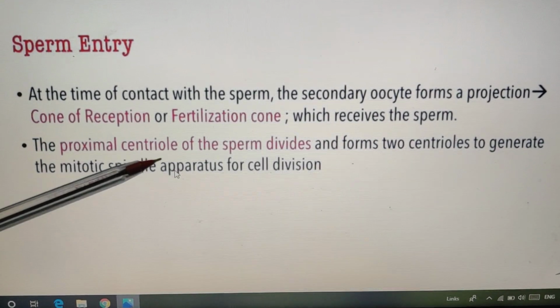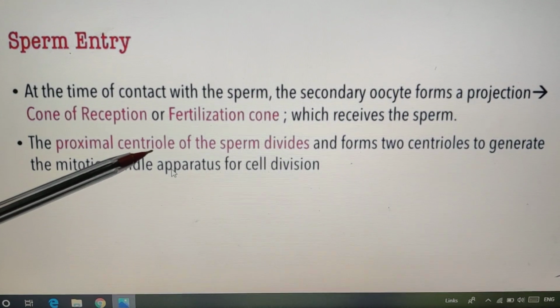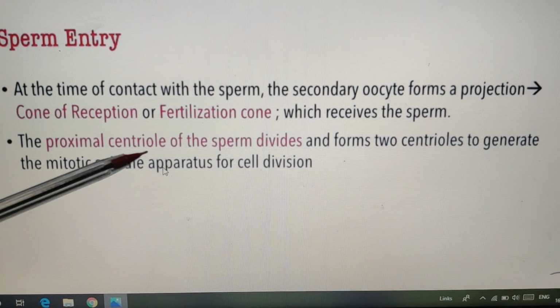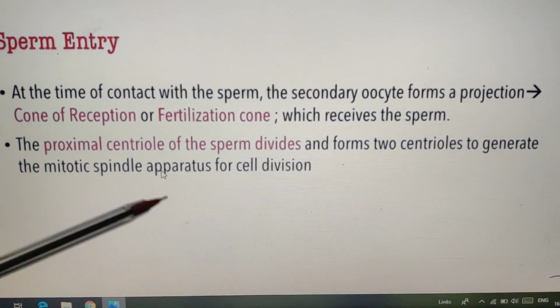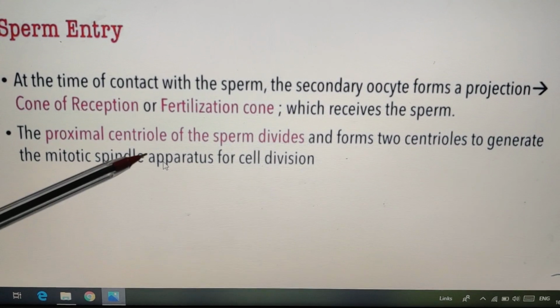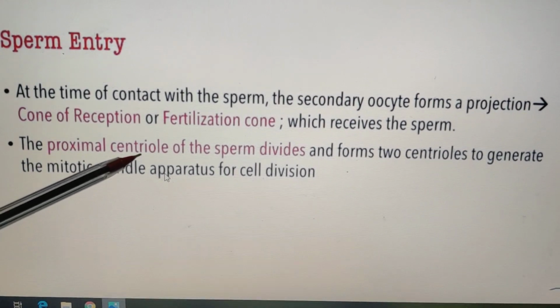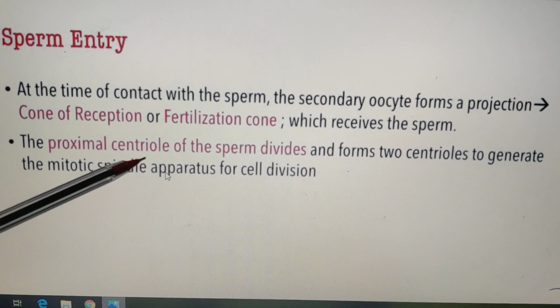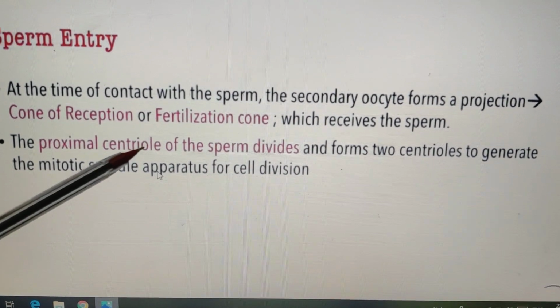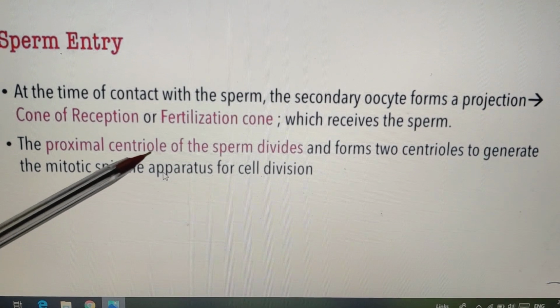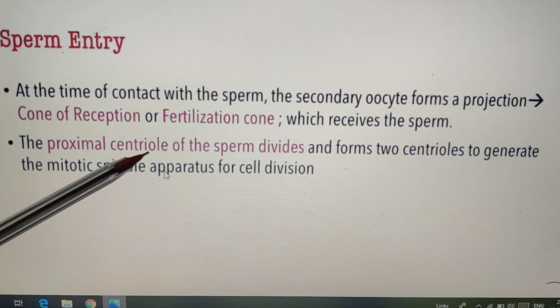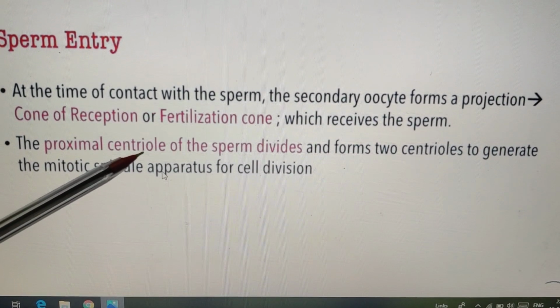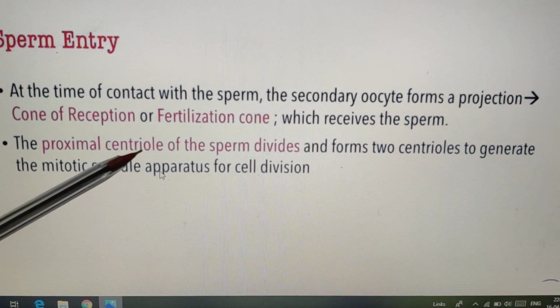Now the proximal centriole, which was present in the sperm, enters inside. With the help of this centriole, spindle fibers form and meiosis completes in the secondary oocyte, which results in the formation of the polar body and egg.